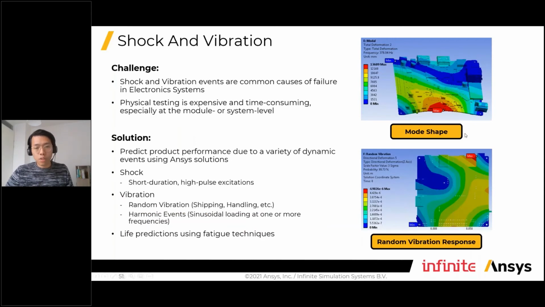Shock and vibration, more in modal analysis or random vibration analysis, sending your vibration power distribution profiles, your power spectrum profile, and then knowing how your structure is going to vibrate and also how much it will survive over time using the fatigue techniques.